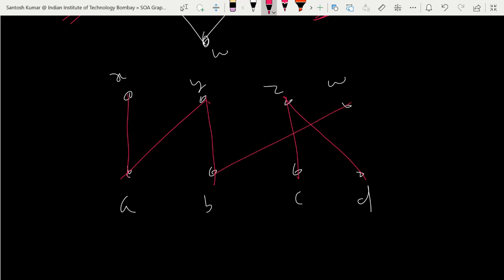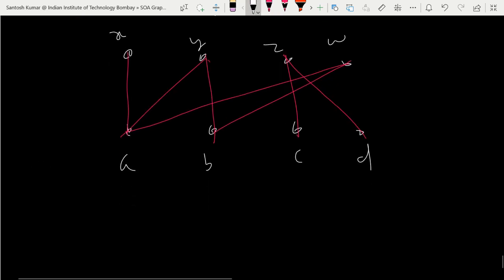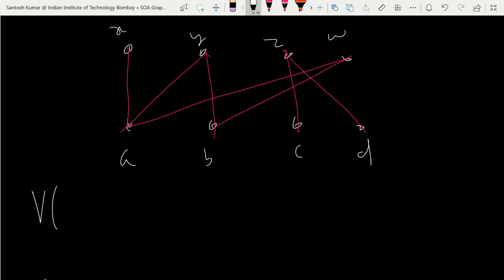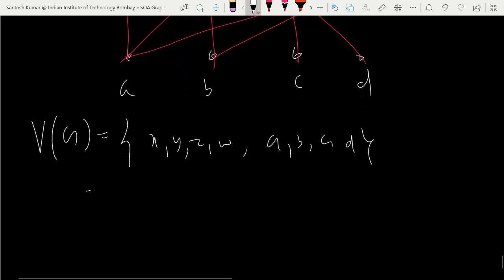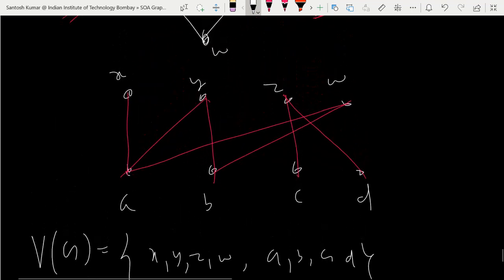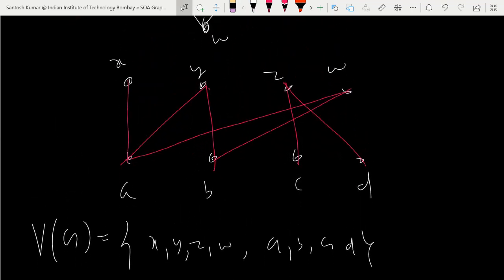So in the graph you have eight vertices, right? The vertex set of G has x, y, z, w and a, b, c, d. Can you tell me what the independent sets in the graph are?